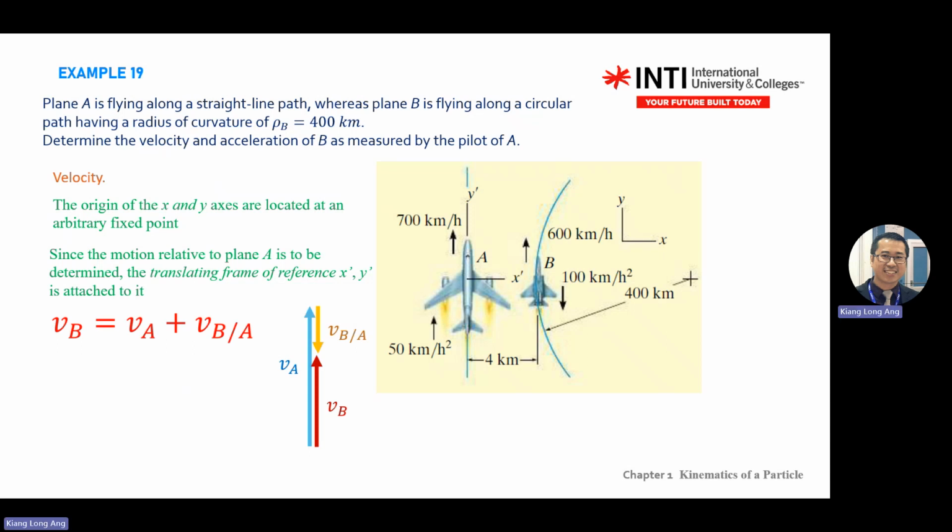Example, you read the question: determine the velocity of B as measured by pilot A. B as measured by pilot A, B stroke A. So write VB minus VA equals this one. Substitute accordingly. Draw the vector and so on.